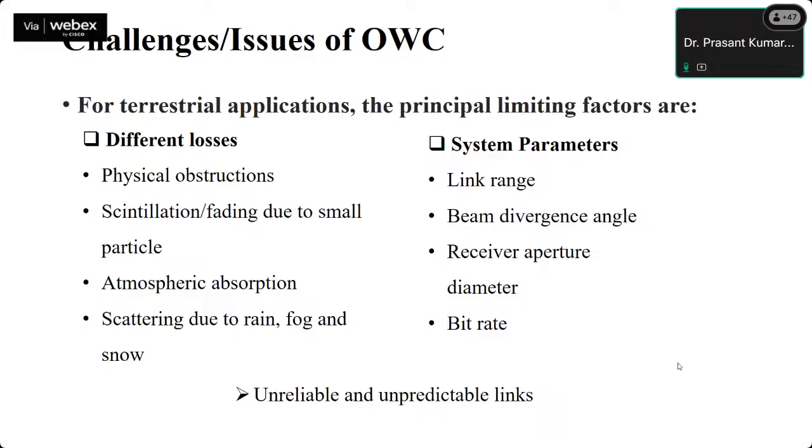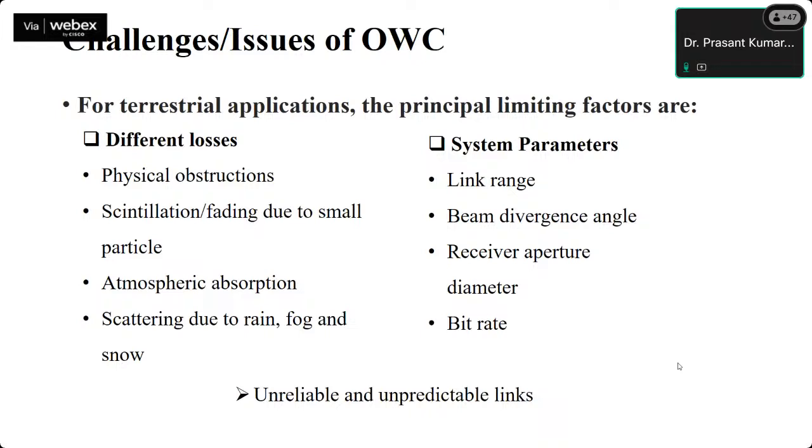The next solution is that people are now also working on intelligent reflecting surfaces for optical wireless, to get rid of these physical obstruction related issues. They want to place the IRS in such a way that even if a single path is blocked, the receiver gets the signal from alternate paths. So that is the solution.